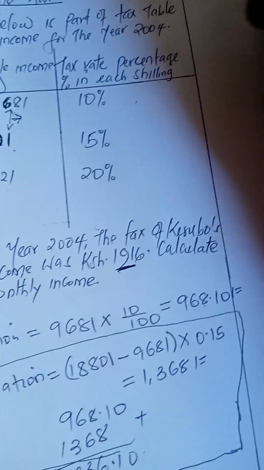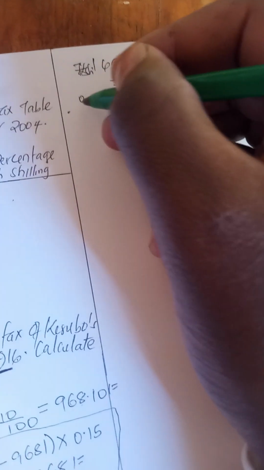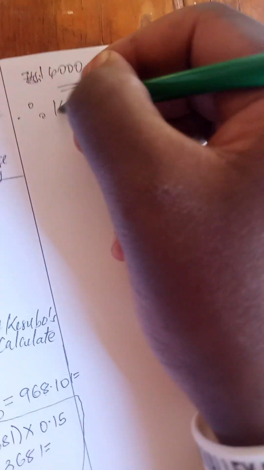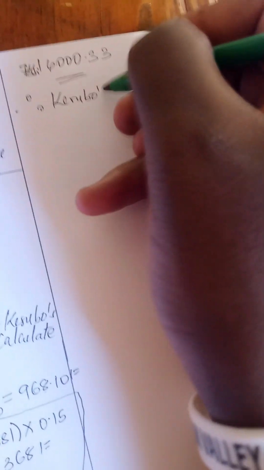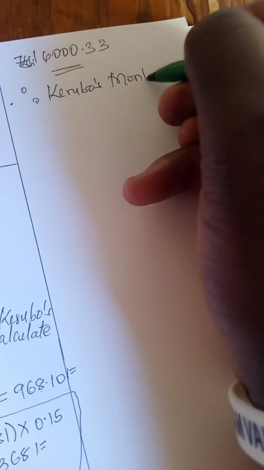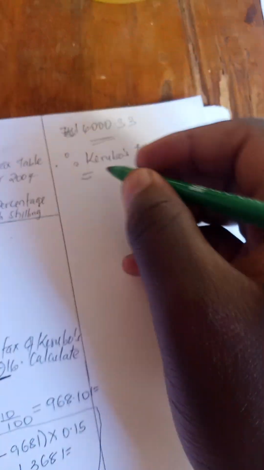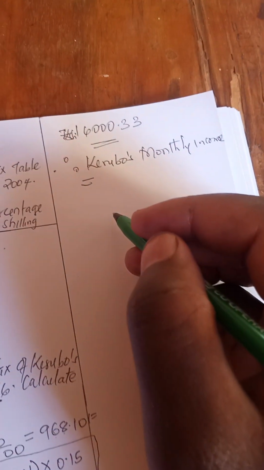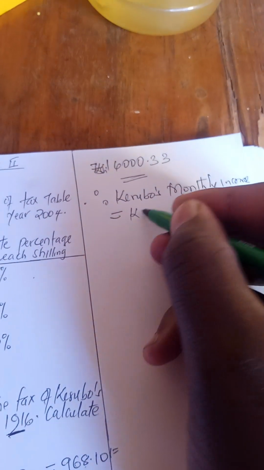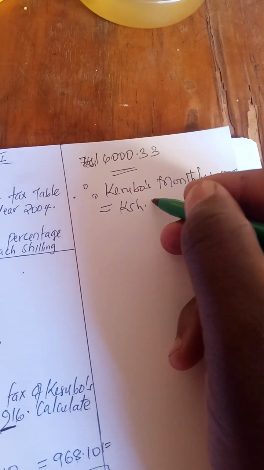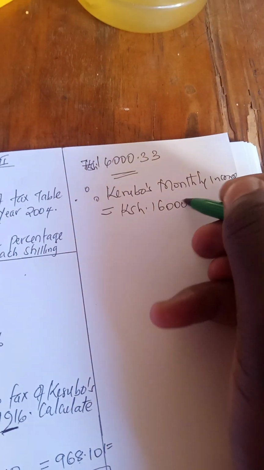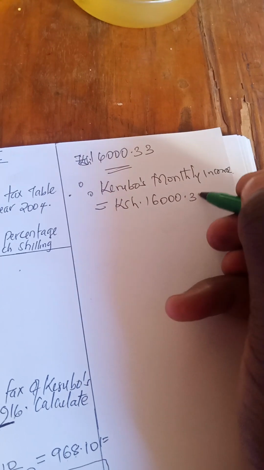So Kerubo's monthly income should be equal to Kenya shillings 16,000 and 33 cents.